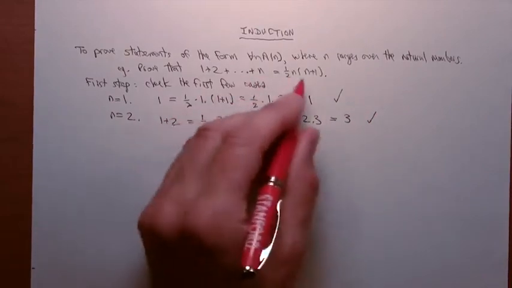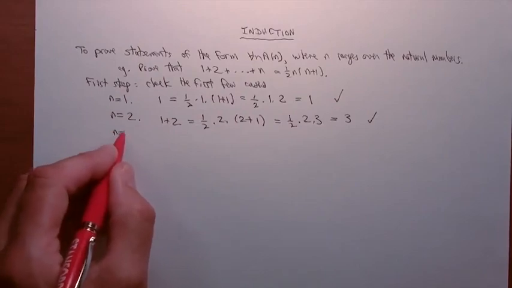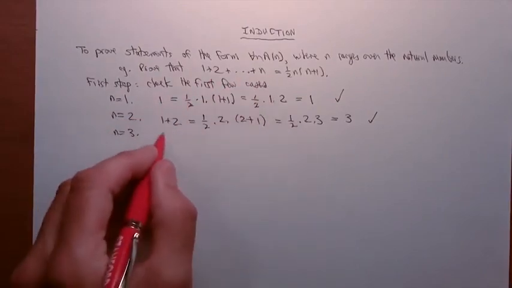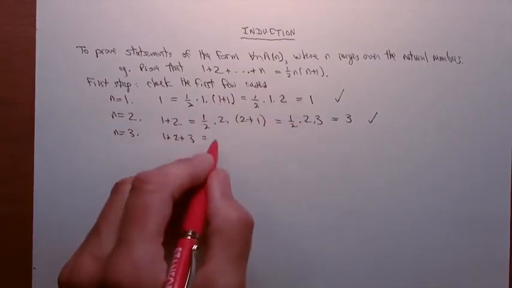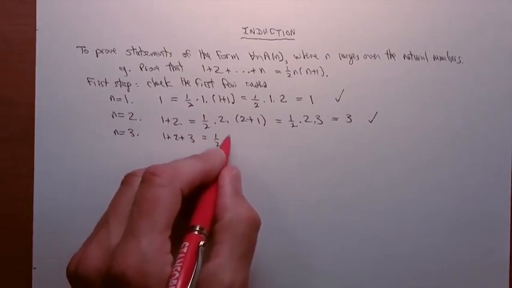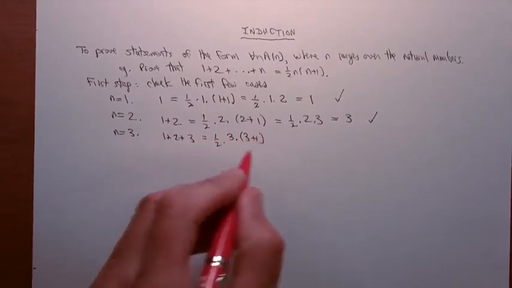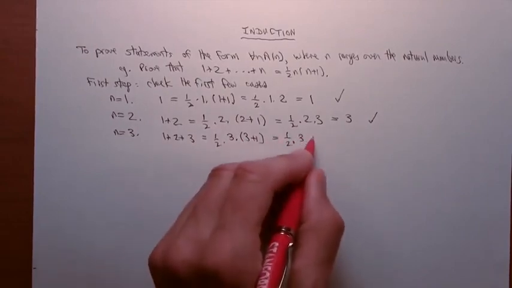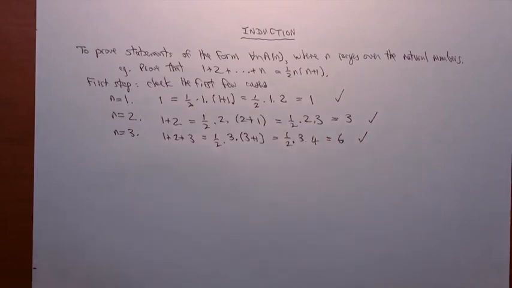So the formula is correct for n equals 2. We might want to try n equals 3. What do we get then? We get 1 plus 2 plus 3 equals a half times 3 times 3 plus 1, which is a half times 3 times 4, which is 6, which is correct.